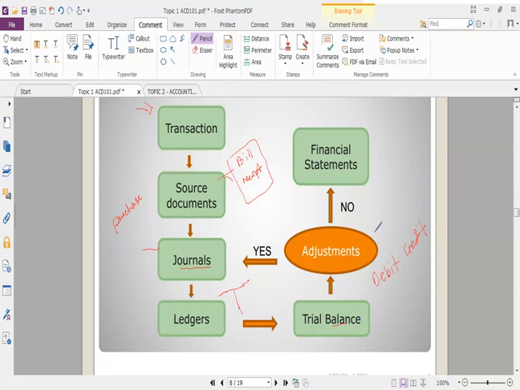Then you will also learn about adjustment.